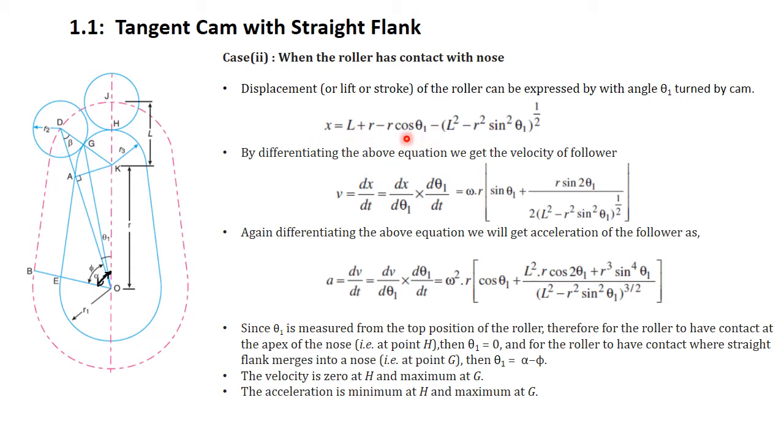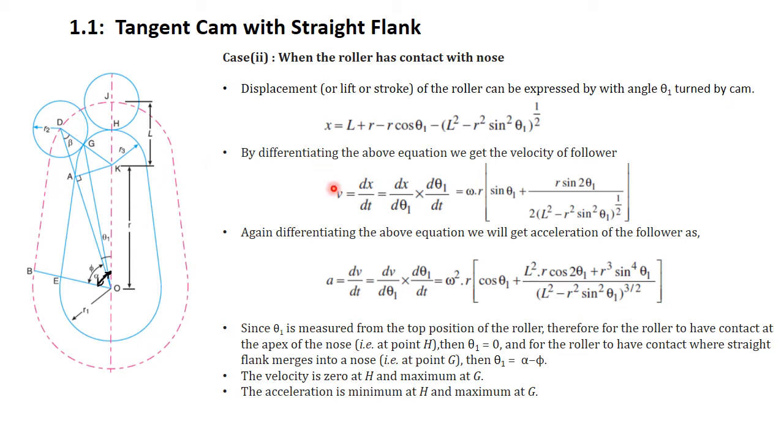Okay. And theta 1 is measured from 0 to theta 1. So theta 1 is measured anticlockwise from the position J to D. Clear? Okay. Next, to find the velocity.